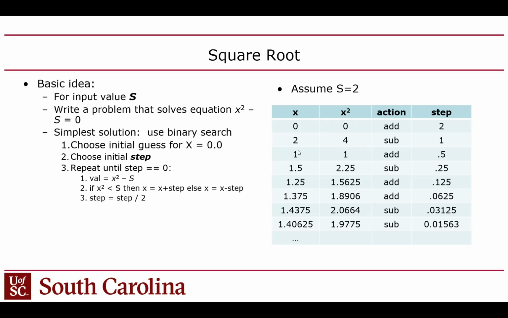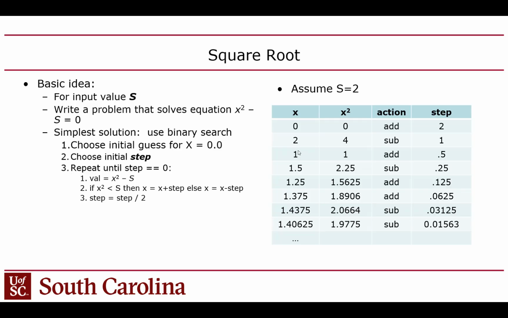You have a step size, which has to be set to half the dynamic range of x. But then every time you make a step, you divide that step by 2, and you keep going until your step becomes 0 because you run out of bits, right?